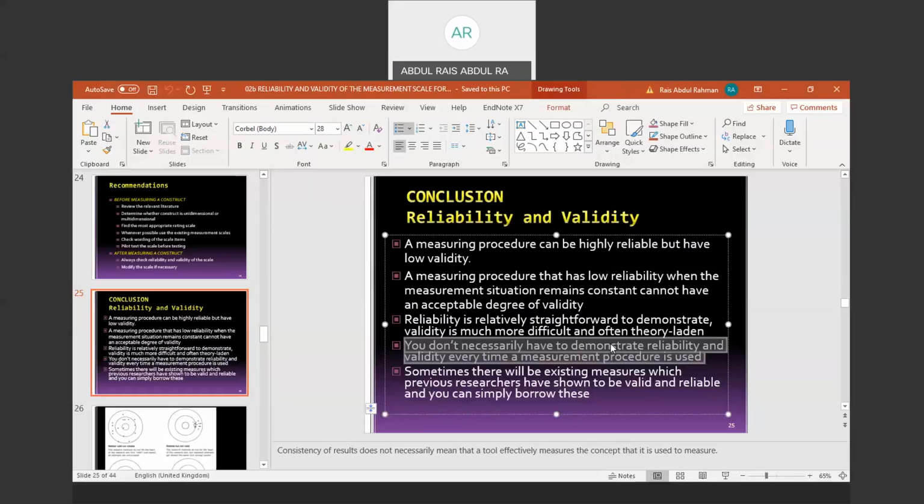Sometimes there will be existing measures which research has shown, previous researchers have already validated the tool.